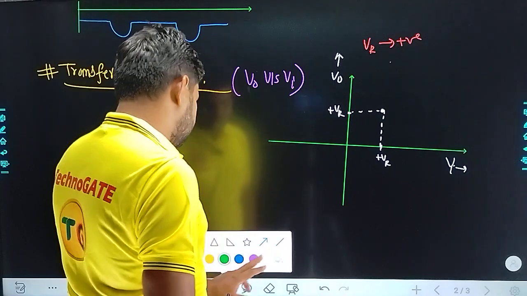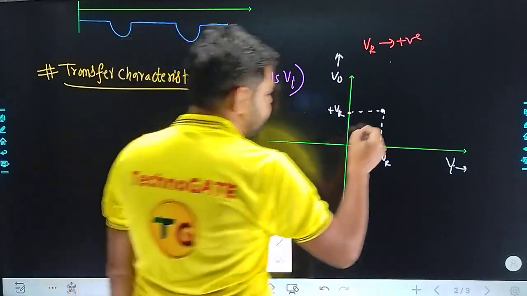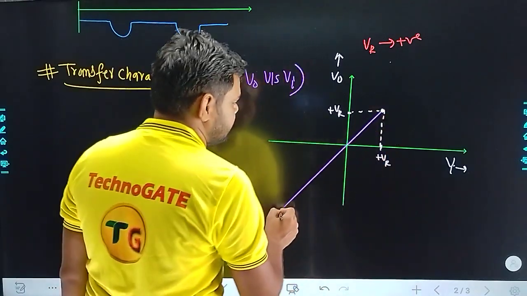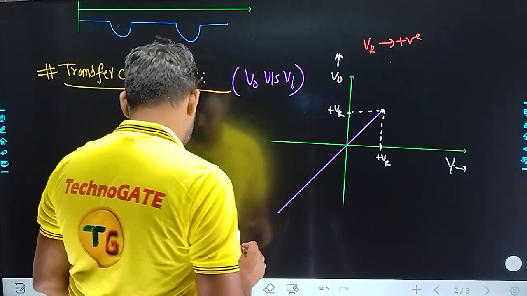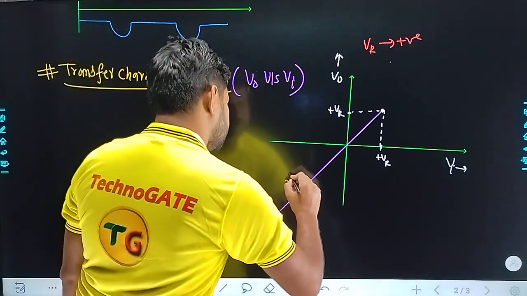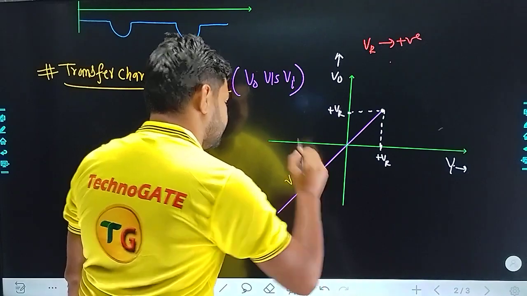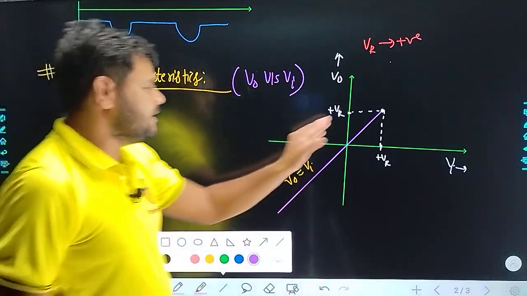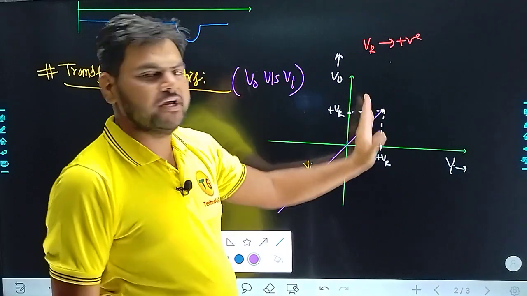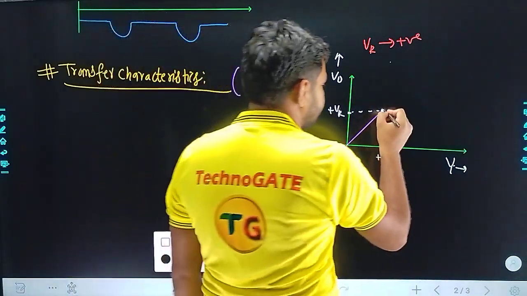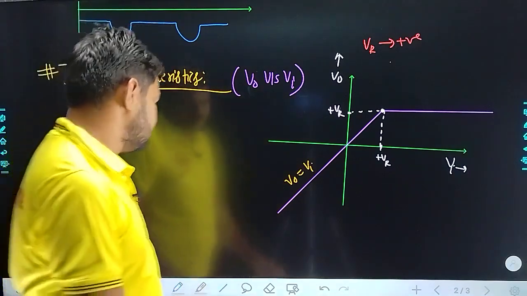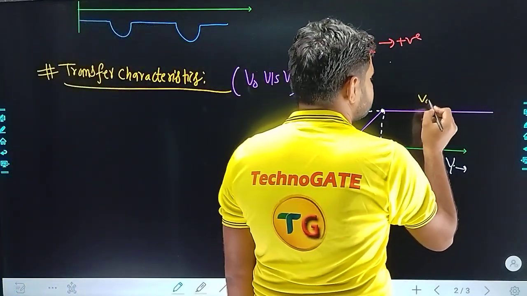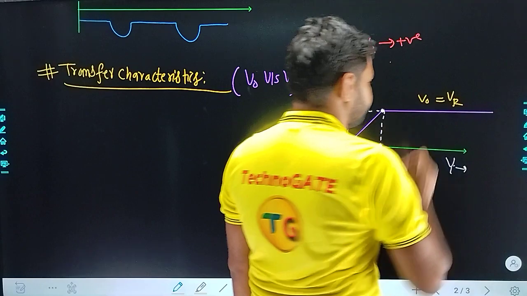So for the input less than V reference, exactly this kind of a straight line graph will be obtained. You may also say the graph is showing here V0 equal to Vi. Once we reach the V reference level of the input voltage, then of course our graph becomes like this. So this is the section where output voltage becomes V reference.